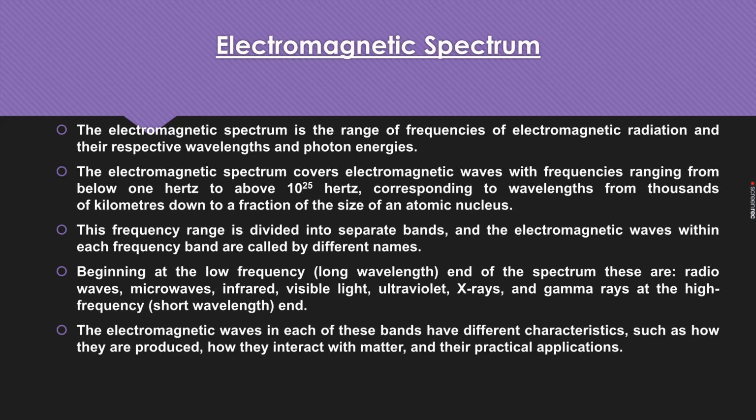So, first of all, the electromagnetic spectrum is the range of frequencies of electromagnetic radiation and their respective wavelength and photon energy. As we knew, it is an array or a range in which electromagnetic radiations are put together according to their wavelengths or frequencies.